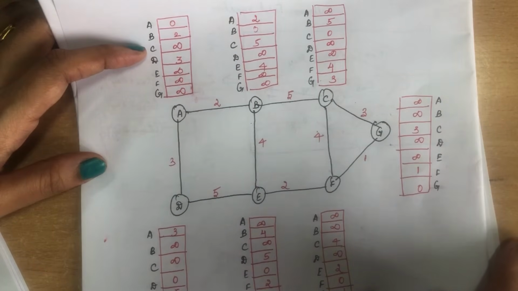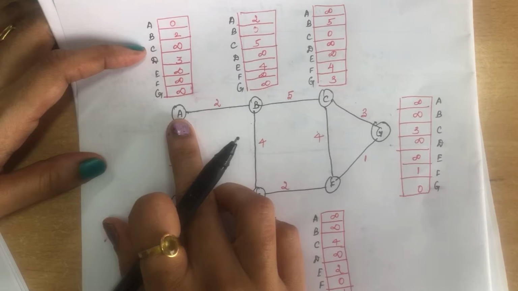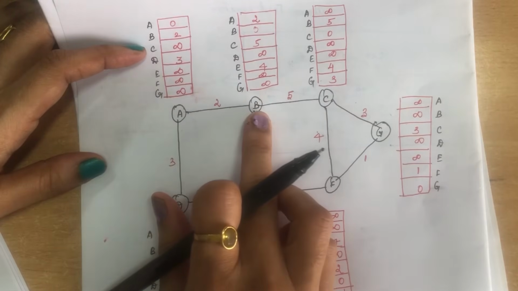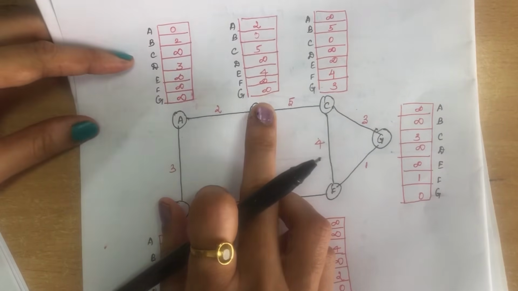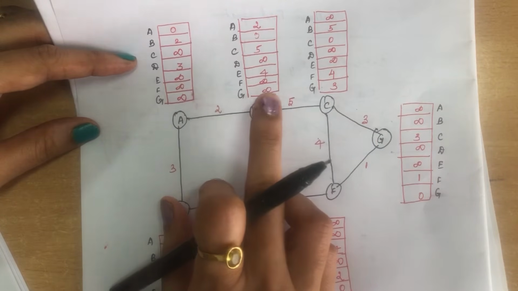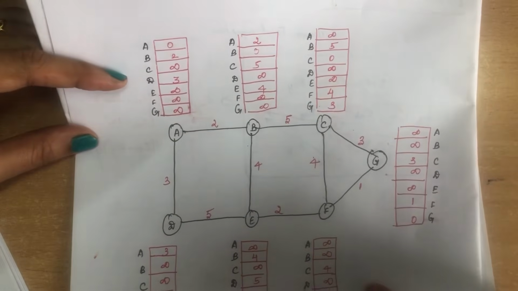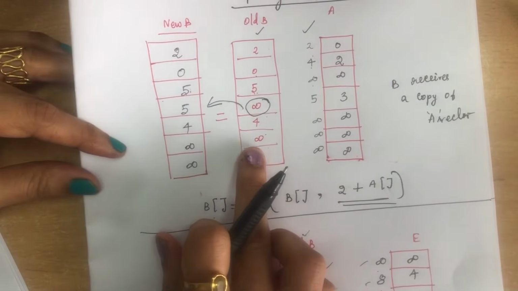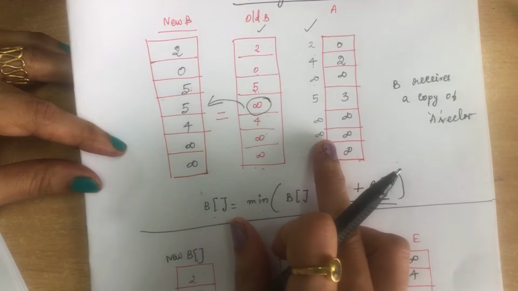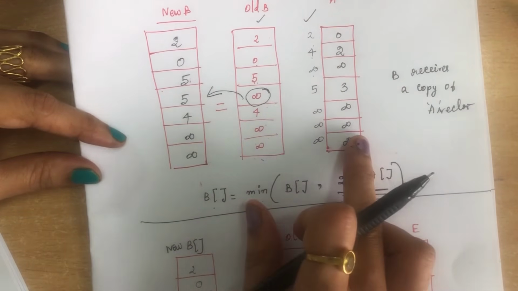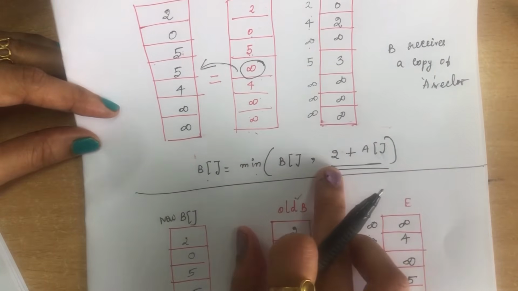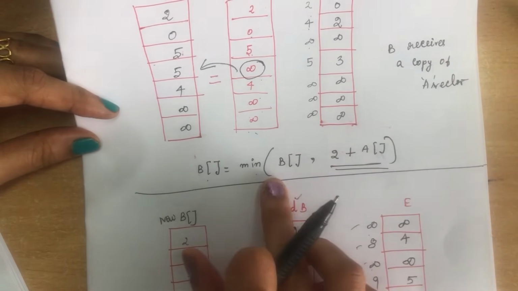After doing this, every node will send this distance vector to its nearest neighbors. The nearest neighbors will also update their distance vectors, based on the Bellman-Ford algorithm. It takes A's distance vector, adds that distance, compares it with the old value, and finds the minimum value.